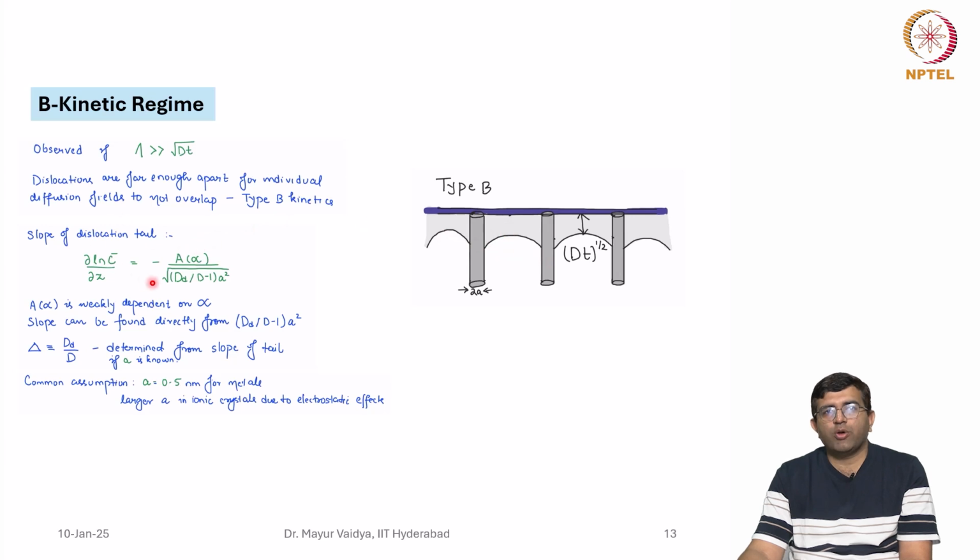And the slope of the dislocation tail is given as dou ln c bar by dou z equal to minus A alpha by root of D divided by D minus 1 into a square.